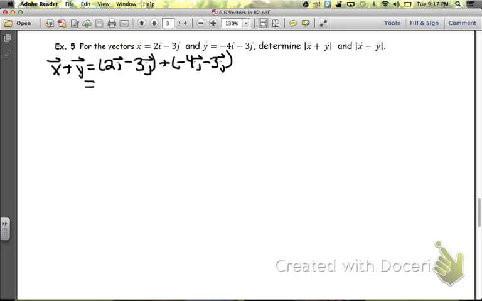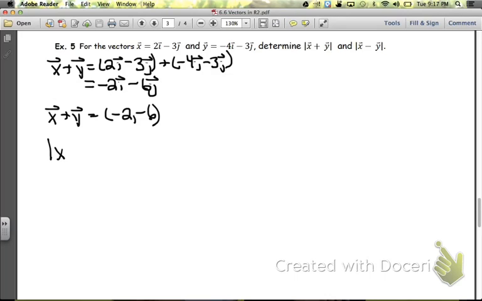So what I will have there is -2i because 2 minus 4 is -2, and -6j. So therefore x plus y, since we know our components, is just equal to (-2, -6).